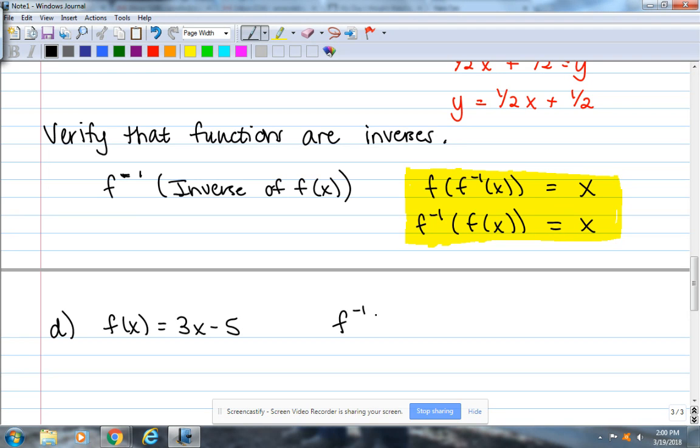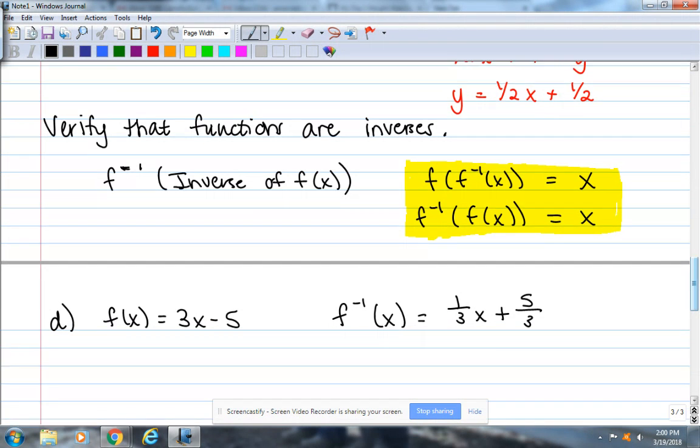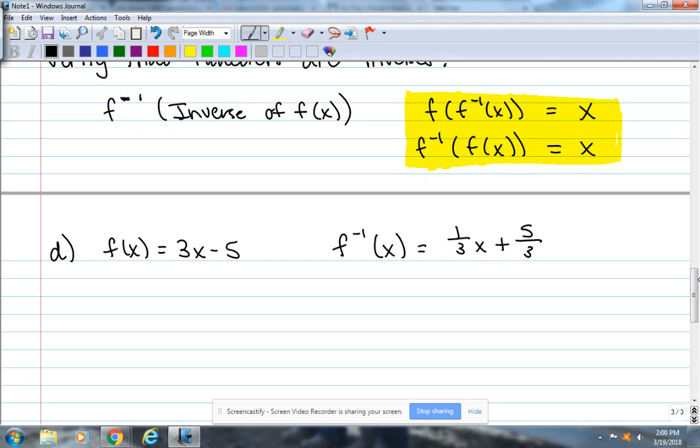And the inverse of f is 1/3 x plus 5/3. So the way I verify that these two are actually inverses of each other is I compose one into the other, and if it equals x, then yes, they are inverses of each other.